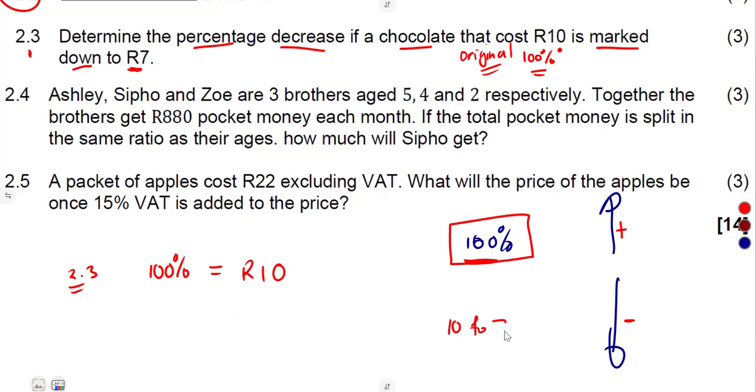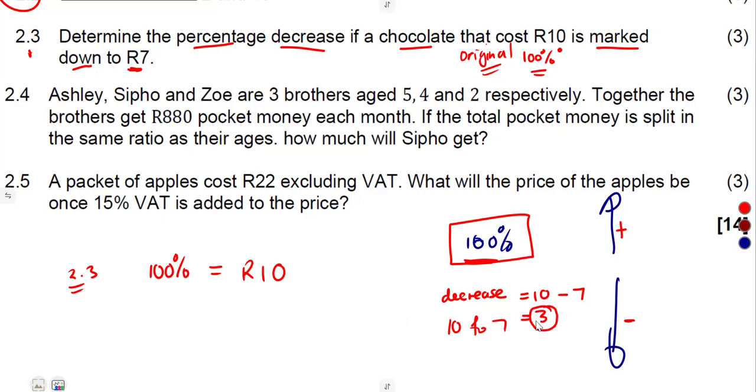What you can choose to do is work with the 7 as it is, find the percentage of 7, then subtract. Or you can work with the decrease and ask, what is that decrease? The decrease is simply the original price, what you started with, minus 7. It dropped down to 7, so 10 minus 7 is 3.